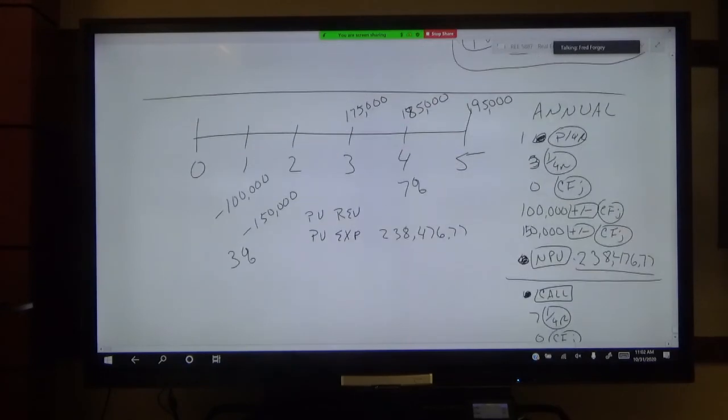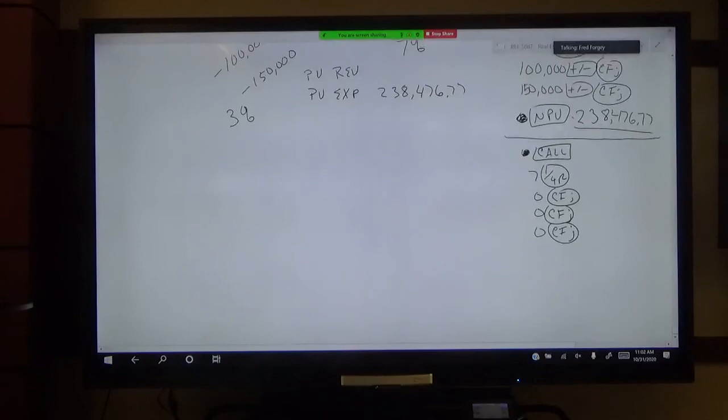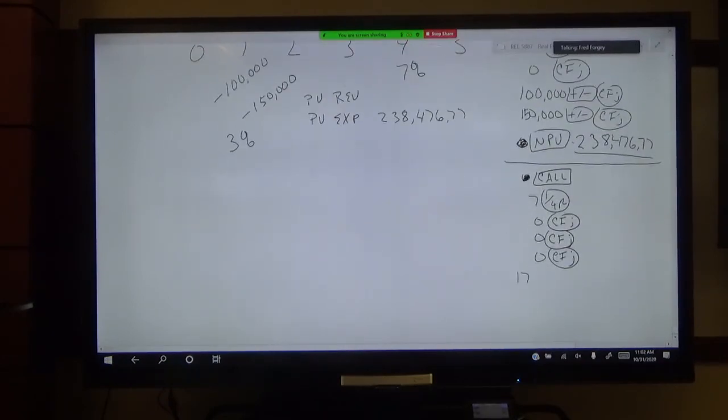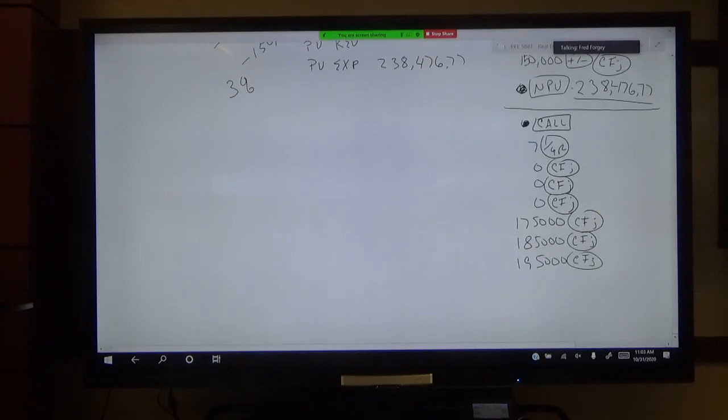Then we start picking up our income in period 3 of 175, then 185, then 195 as our cash flows. Once we've got all of those, then solve for net present value.